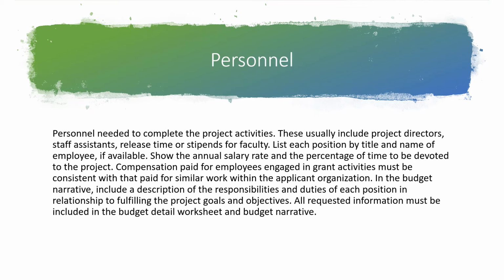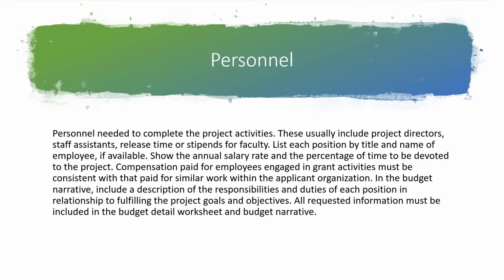So if you're a teacher and you make, let's just say, $35,000 a year, and you are going to spend a quarter of your time working on grant work instead of teaching, right? Then you would be supplemented, your three-quarters teaching load with one-quarter grant funding, and you would figure that out based on your annual salary rate.